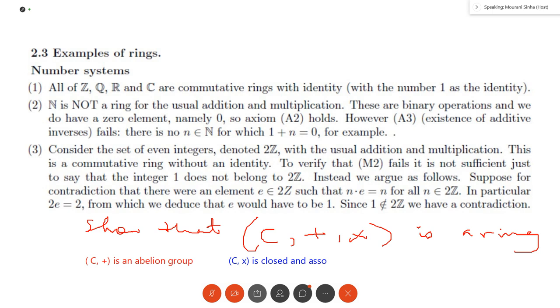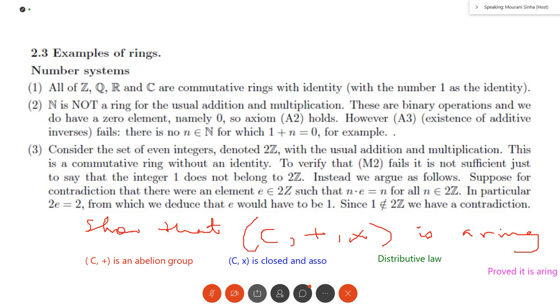After this comes identity under multiplication. So after I have now said that it is a ring, proved that it is a ring, now next I will check on two things.